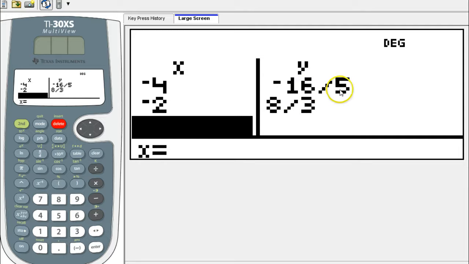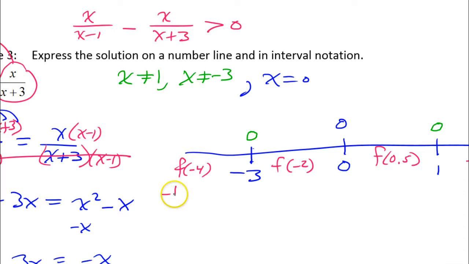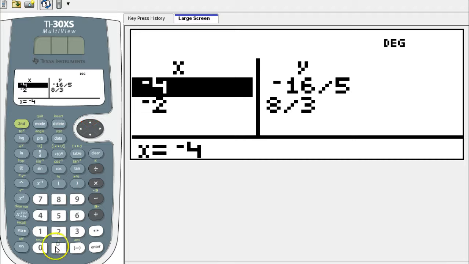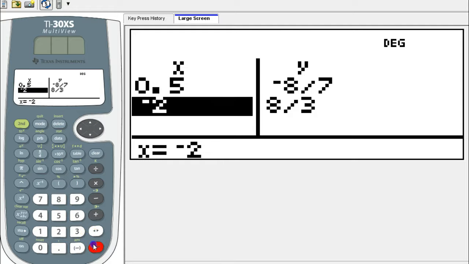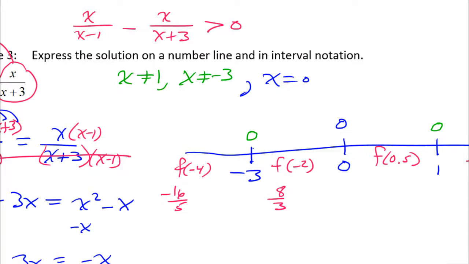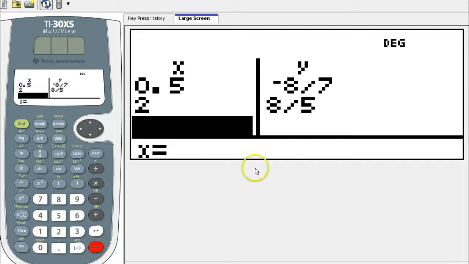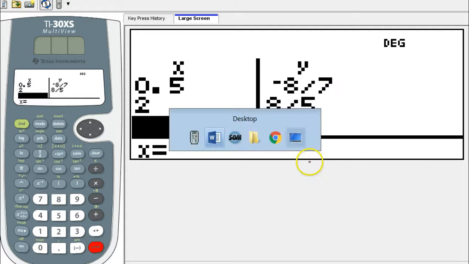Okay, so that's -16 over 5 and 8/3. And then I need 0.5 and 2. So that's -8 over 7 and 8 over 5.